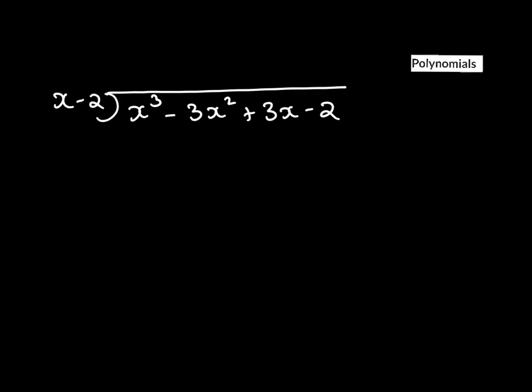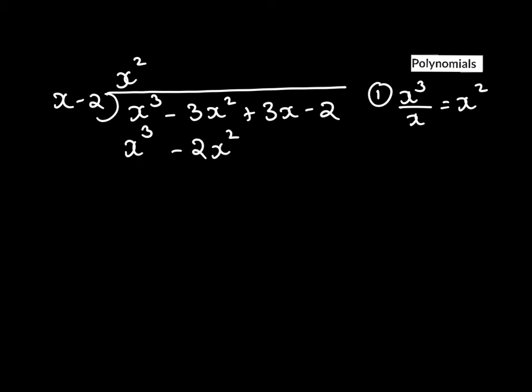So when we divide, to find the first term of the quotient, x^3 divided by x will be x^2. So the first term of the quotient is x^2. Carry out the division process. x^2 times x is x^3. Minus 2 times x^2 is minus 2x^2. Subtract.